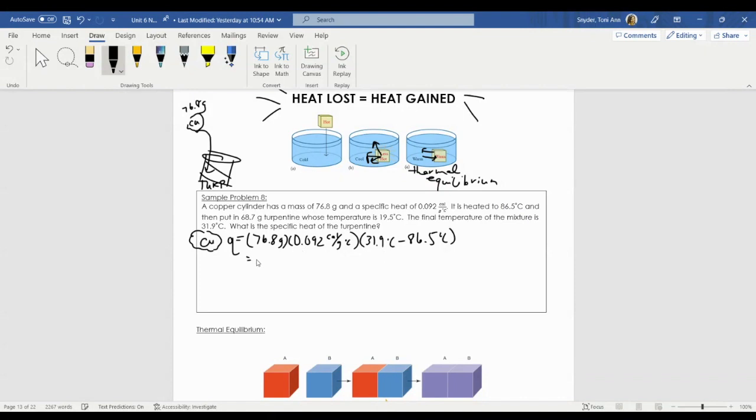And I find that the copper would have released 390 calories of energy. Copper released 390 calories of energy.